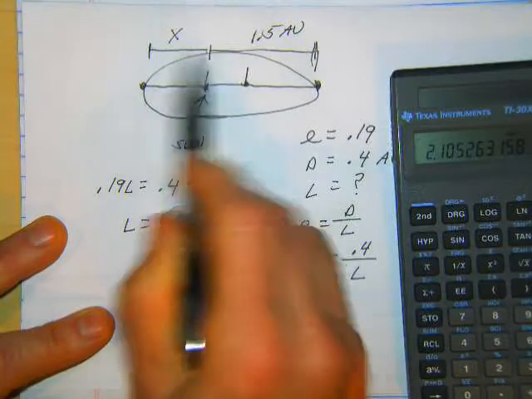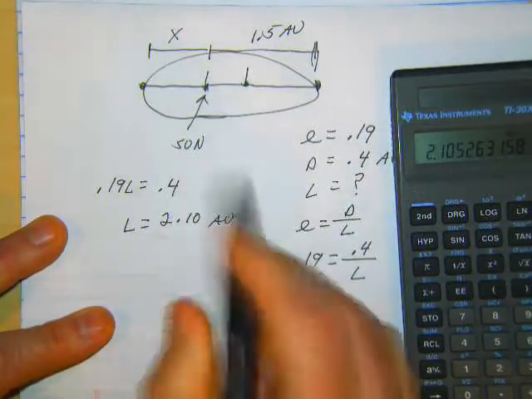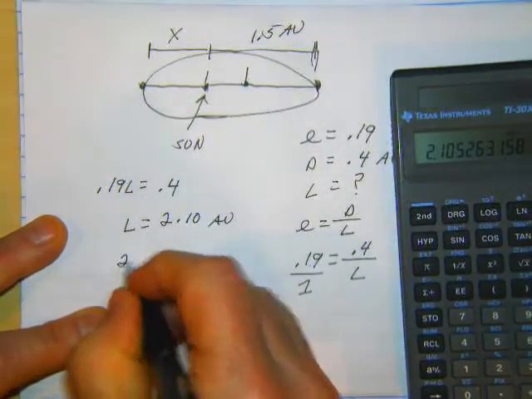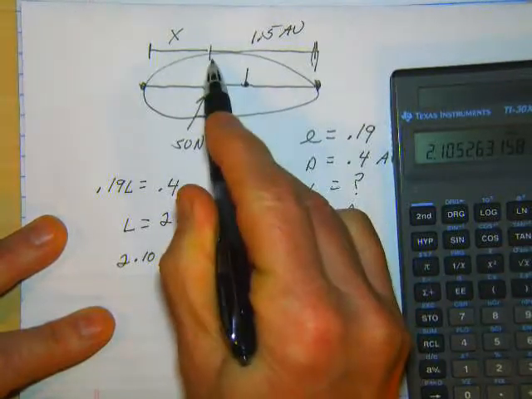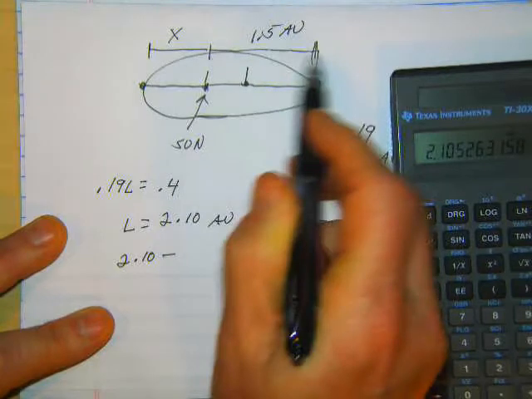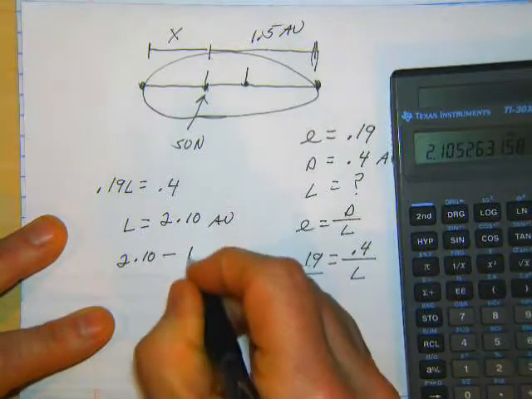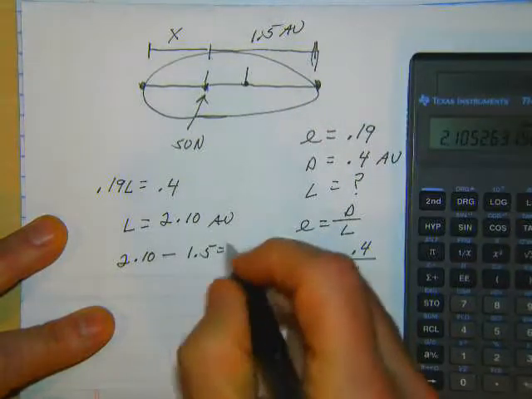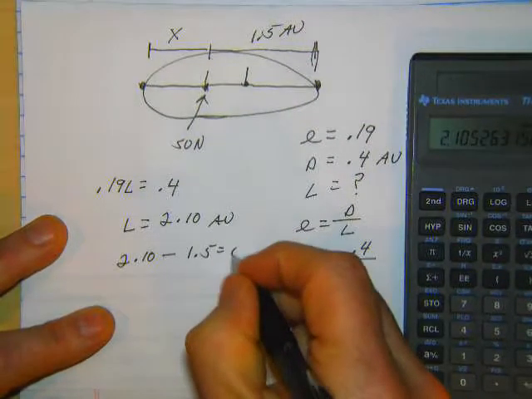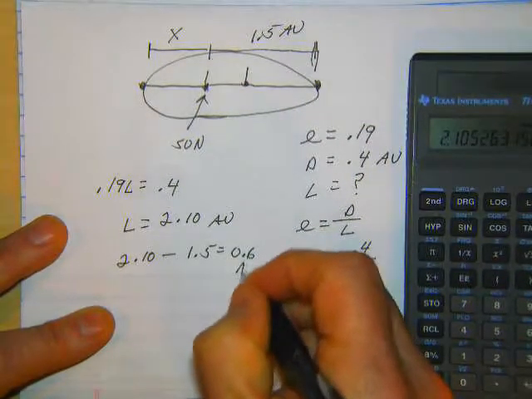So that's L, our whole distance from perihelion to aphelion. I just want this distance. So I can take the length, 2.10, minus the distance I already have from sun to aphelion, 1.5, and if my math is correct, this comes out to 0.6 AU.